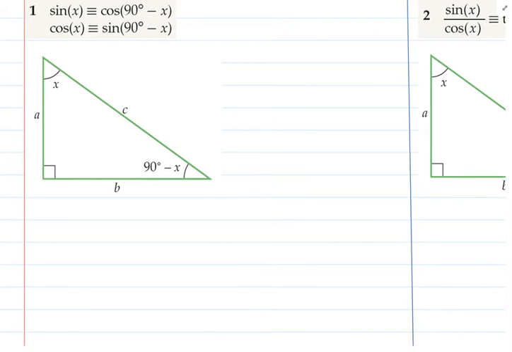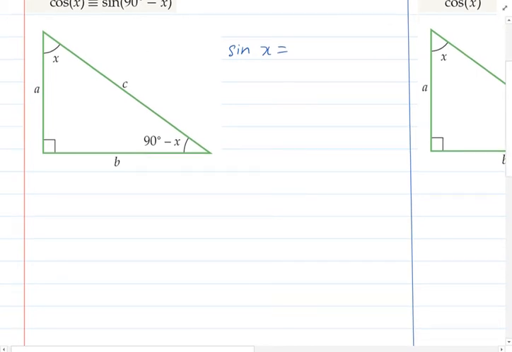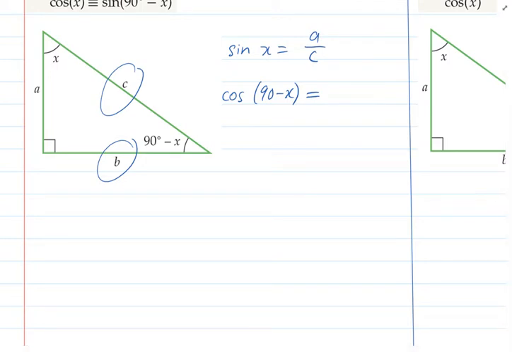And so if we're focusing on x here for a second, then this side would be adjacent, and this would be hypotenuse, and so we could say that sine x is equal to this side that's labelled A and this side that's labelled C. So A over C. Now if we look at cos of this angle, which is 90 minus x, that is going to be B over C, because it's adjacent over hypotenuse.